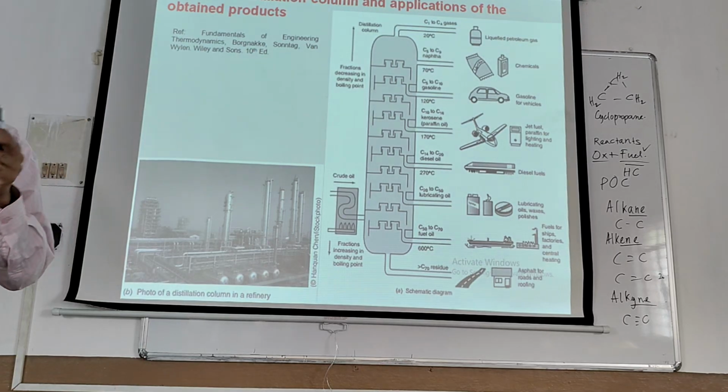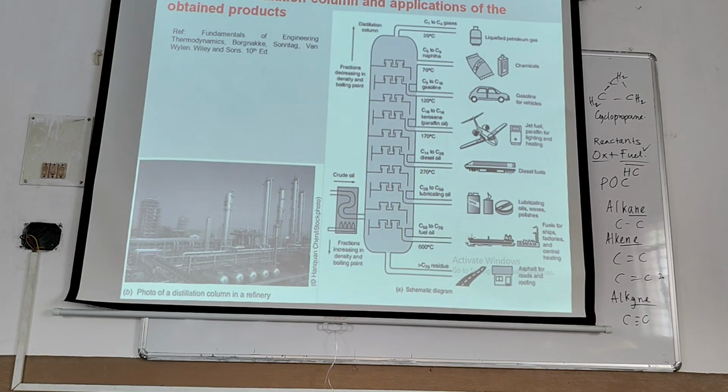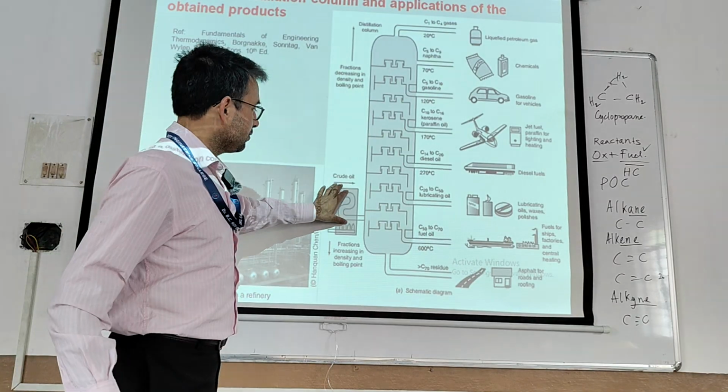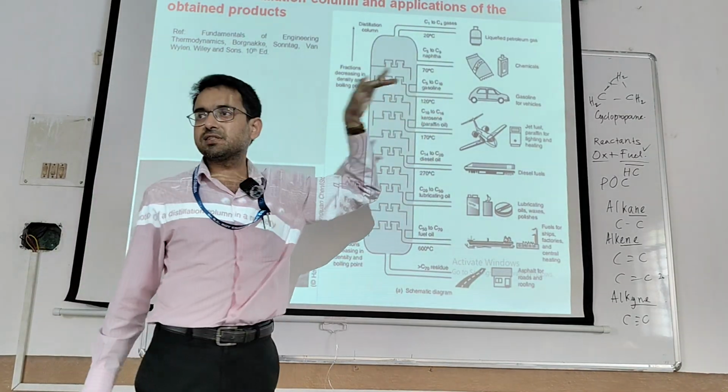It will be very thick, visually just like pitch, but it will be heated before using. So it will be liquefied by heating and then used. Okay. So this is a general idea. Crude oil is supplied and heated, and then it will be extracted at different stages.